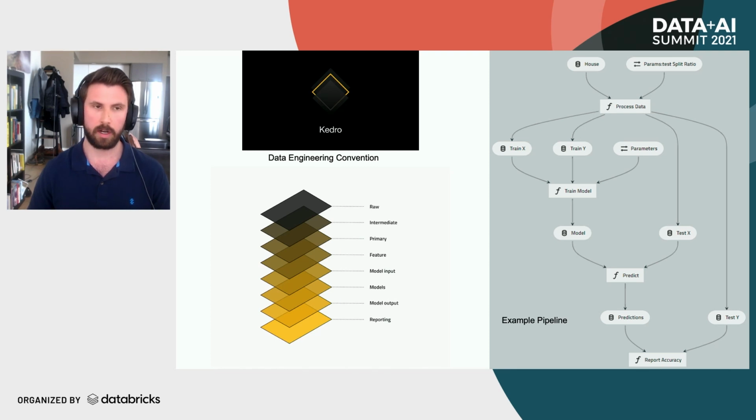And then a feature layer where we log different features that have been engineered, or sets of features that are directly engineered at that layer. And the model input layer, which are data sets that are going directly into the models themselves, which can be saved as pickle files or other files.